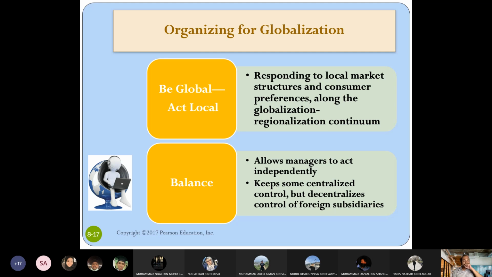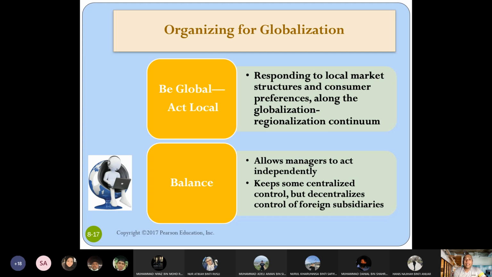So for each country they have a different type of product. Country A has one type, and country B has a different type, based on consumer preferences and the local market structure. This we call be global, act local.